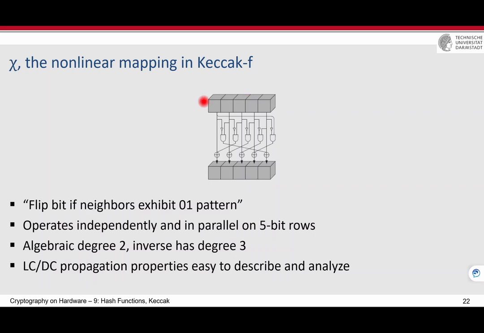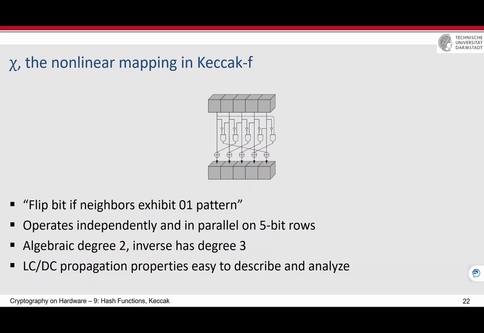Then 5-bit to 5-bit means that on every row of every state this can be applied. The algebraic degree of this is 2, because you have just an AND gate, and the inverse of it has the algebraic degree of 3.